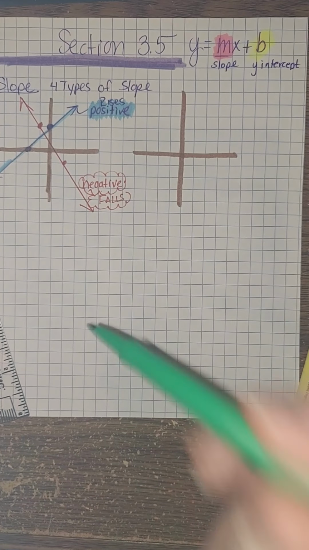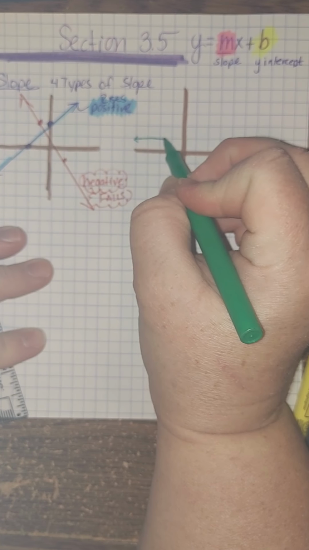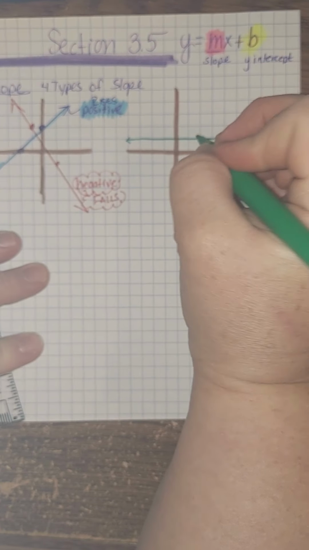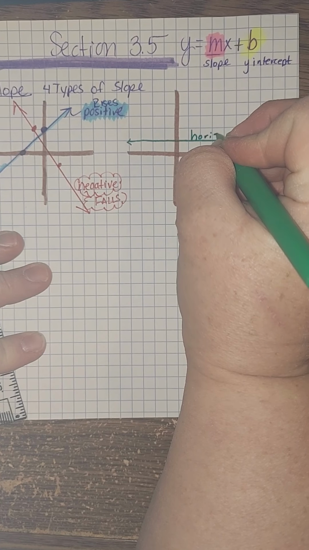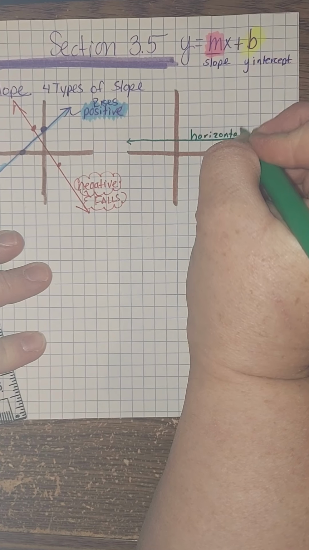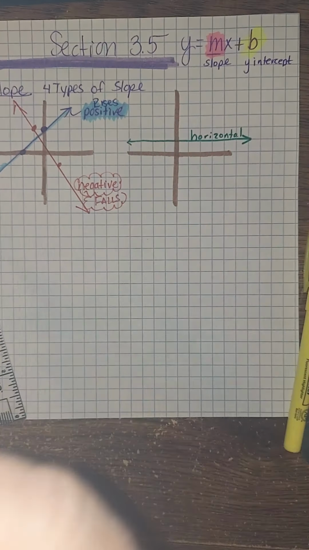So here we go. Let's do horizontal, right? And let's see what other color I have. Orange. Let's do vertical.